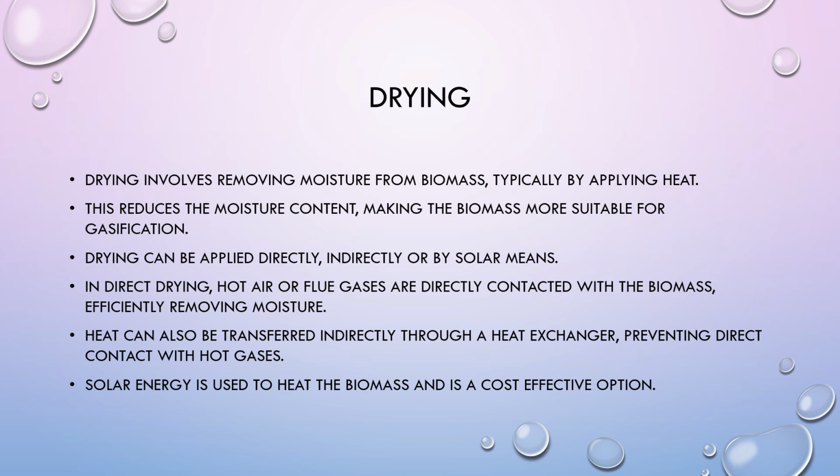With directly, we mean the hot gases come in contact with the biomass to remove the moisture. Indirectly, we mean the hot gases are passed through heat exchangers to prevent direct contact with the biomass. And solar energy from the sun is used to heat the biomass up, and is preferred because it's a cost-effective option.